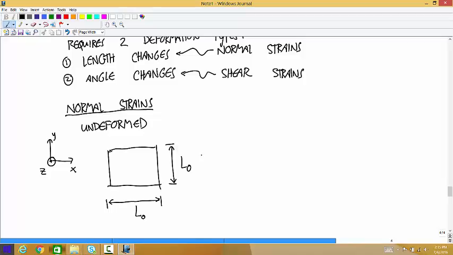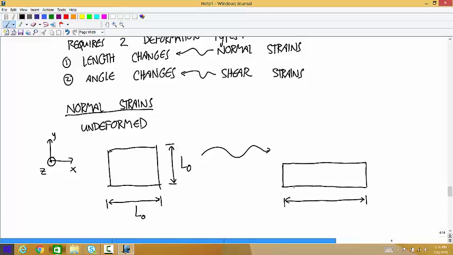And after this undergoes a deformation, some sides are bigger and some sides are smaller. I'll call this length along the x direction lowercase l sub x, and I'll call this one lowercase l sub y. And if z is also deformed, then that's, after the deformation, the length parallel to the z-axis.